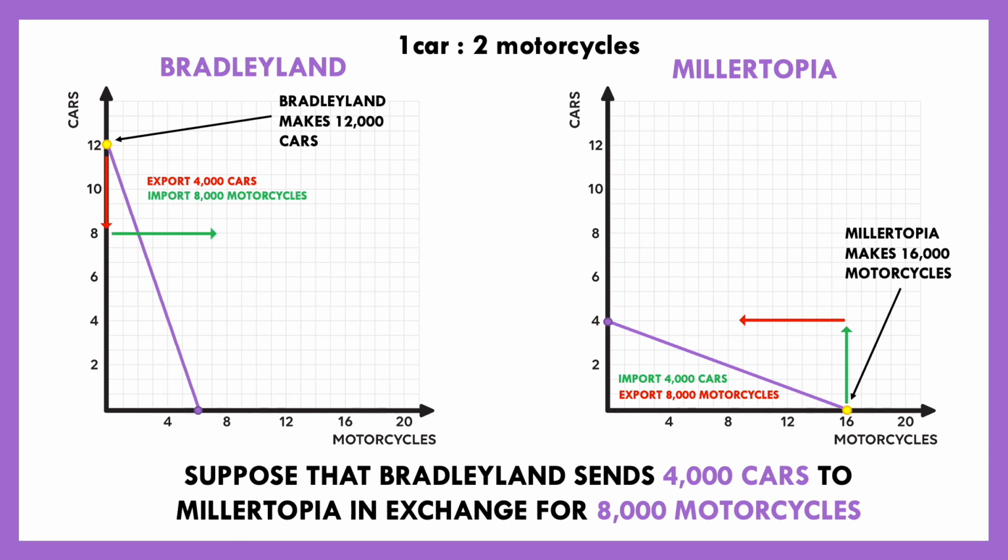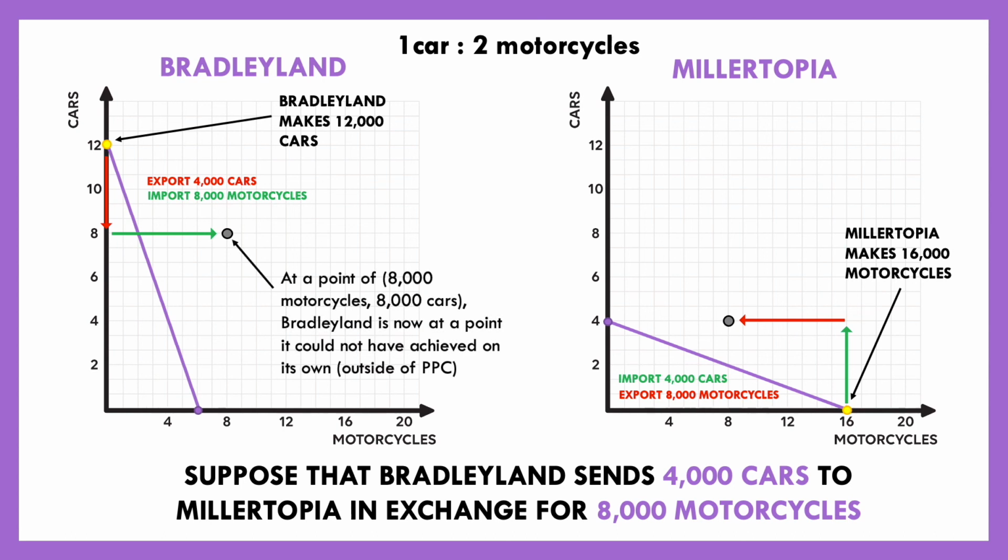And if you notice, after that exporting and importing, we have new points. And these 2 points are now points of cars and motorcycles that country now possesses. Bradley Land is now at a point of 8,000 motorcycles and 8,000 cars. That is a point that is well beyond the production possibilities curve, right?